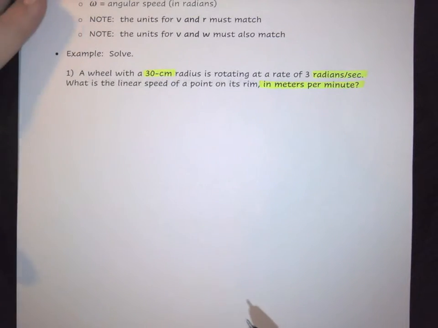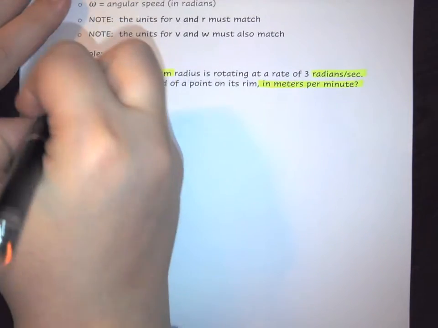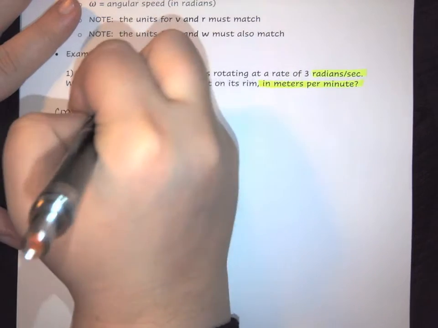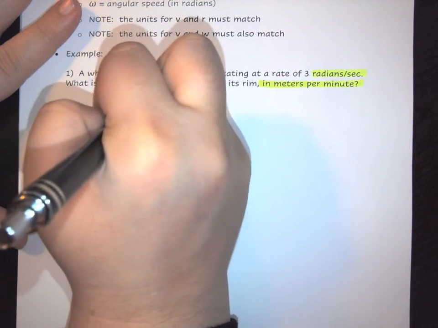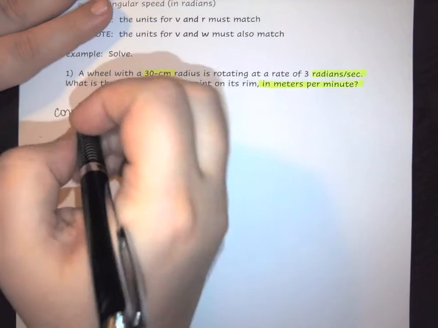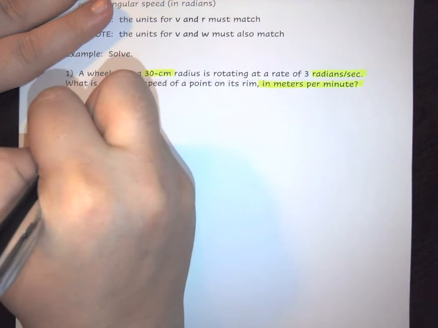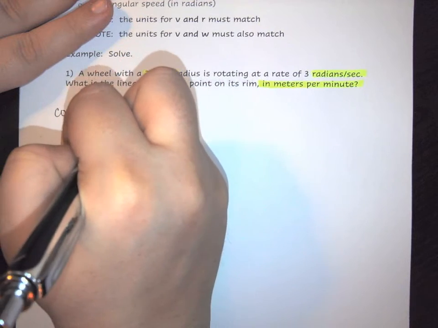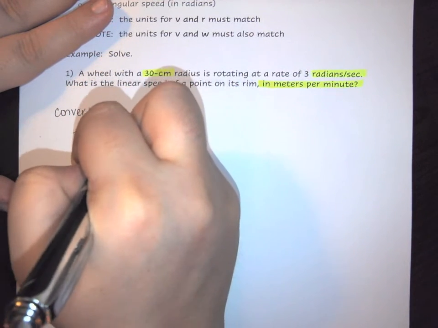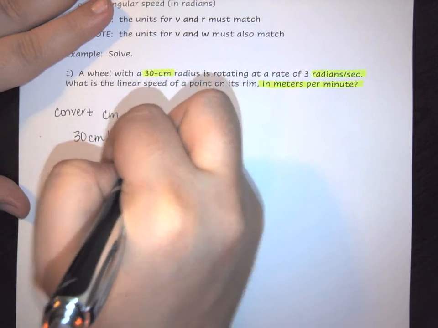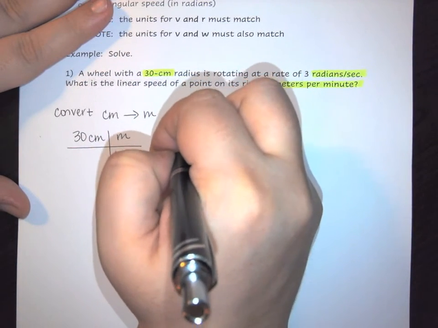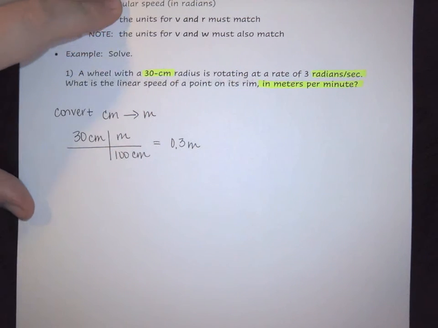The first thing we need to do is convert centimeters into meters. Our radius is 30 centimeters, and we convert using 1 meter per 100 centimeters, which gives 0.3 meters.